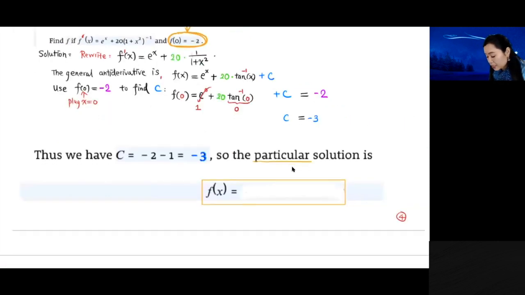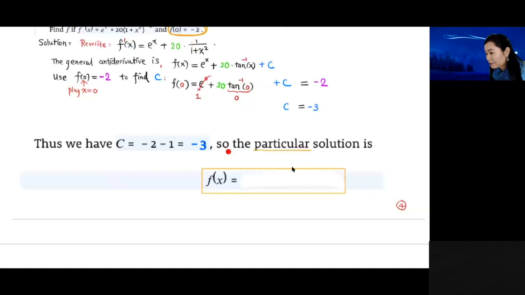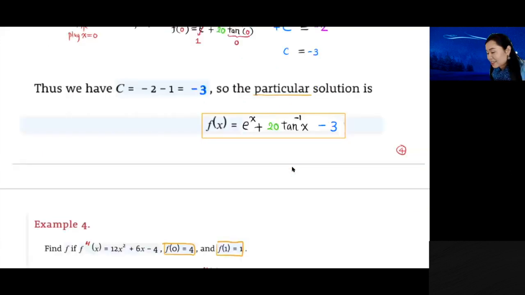So once they give you this initial condition right here, you will get a particular solution. Okay. So you put back the c equal to -3 there. So that will be e to the x plus 20 inverse tangent of x minus 3. Yeah. So if they give you an initial condition, you need to figure out what c is equal to. You guys got it? Okay.